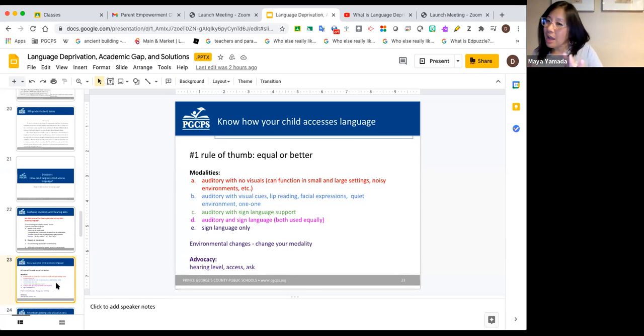And because your child may be too young to understand that, it's our jobs as parents to understand it and know and recognize and be aware, ooh, my child is not accessing language, or it's accessing some. You don't want to settle for some. We don't want to settle. We want to settle for equal or better.